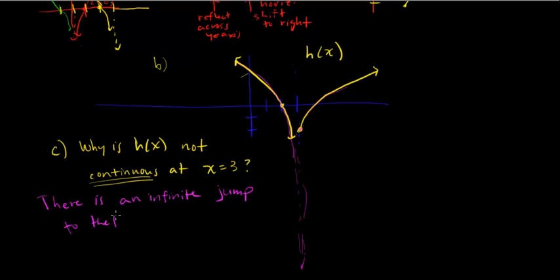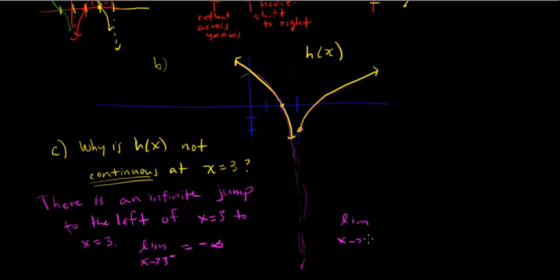An infinite jump to the left of x equals 3 to x equals 3. And how can we say that? Well, we know the limit as x approaches 3 from the left is equal to -infinity, where we know the limit as x approaches 3 from the right is equal to -2.